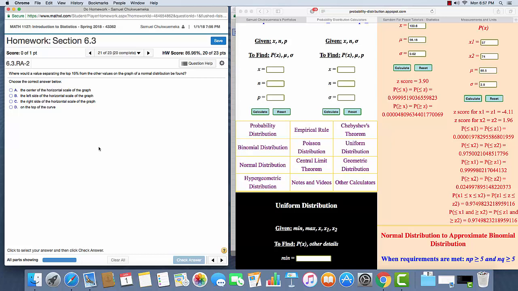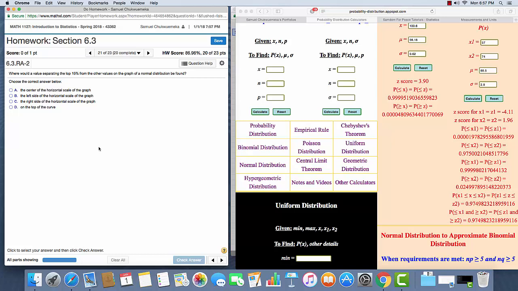The total area under the normal distribution curve is 1. Half of it is 50%. So if you're looking at the top 15%, not lower, top 15% will be on the right.